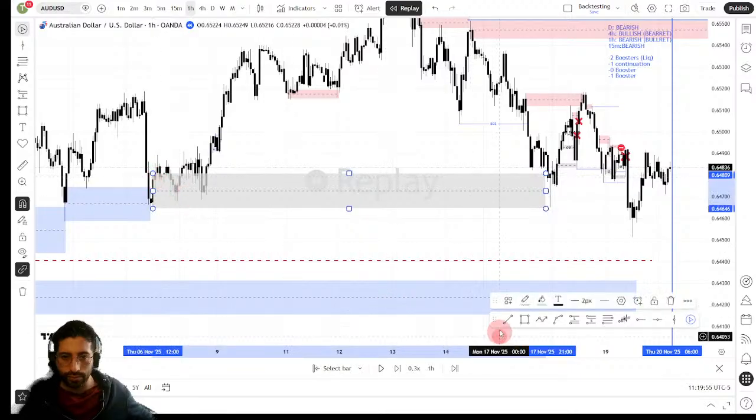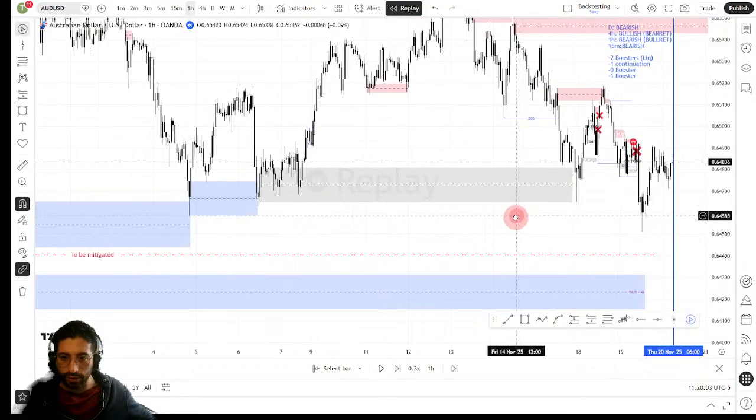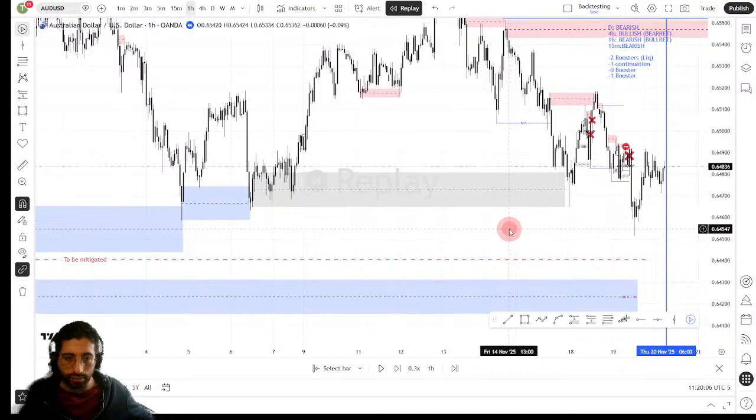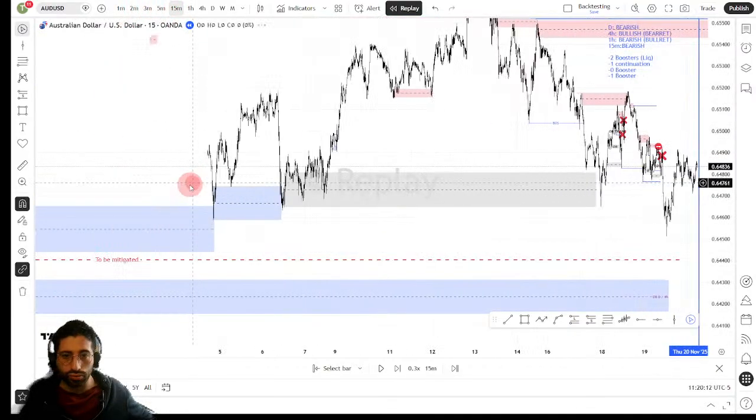So this is just simply a normal reaction after it took the liquidity of the lows that we have here. It entered in the order block, maybe in 50 minutes or something. Let me check one thing in 50 minutes.